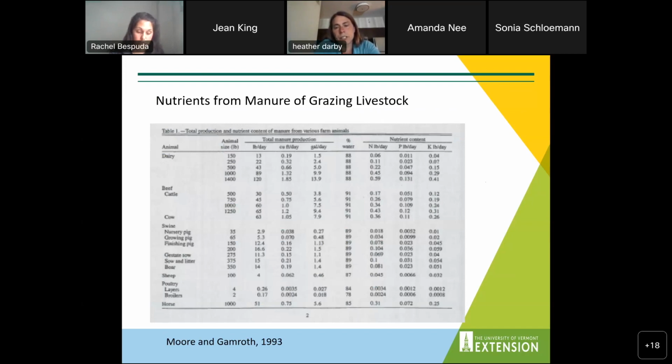And this can really just help you calculate pretty simply how many nutrients you're adding to your pastures based on how many days and how many animals are grazing out in your fields.